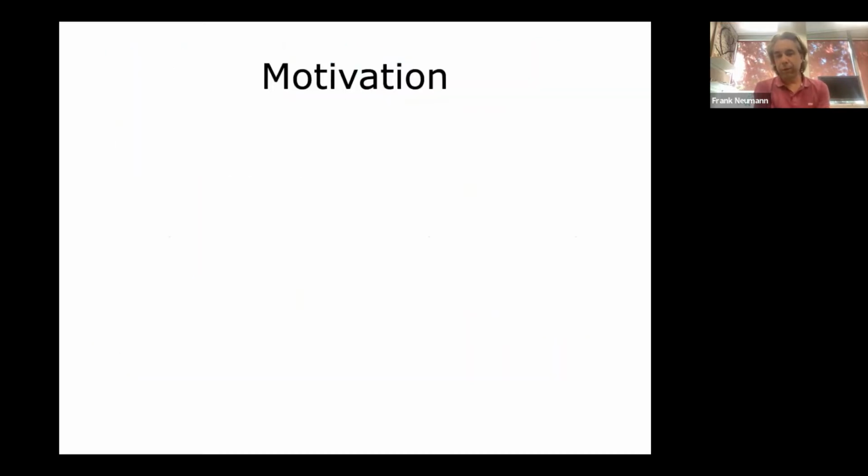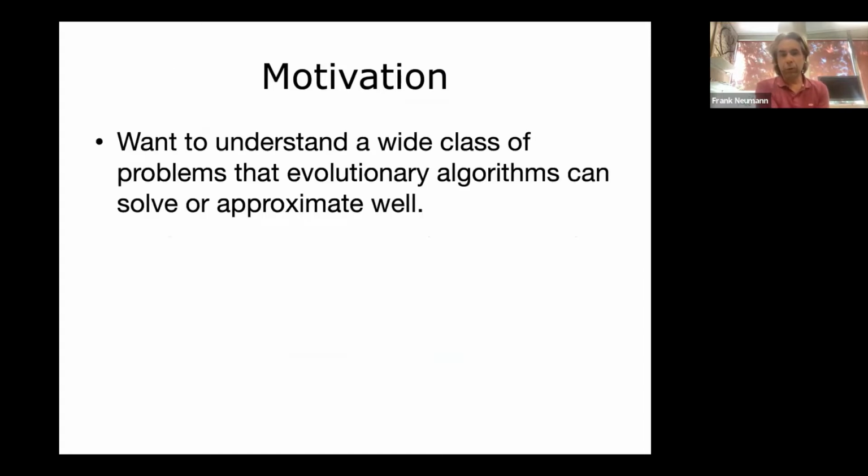So the motivation for us today is that we want to understand a wide class of problems that evolutionary algorithms can solve or approximate well. What I mean by that is that we would like to get theoretical results on evolutionary computation techniques that say, well, I get this approximation for that particular class of problems in this amount of time.